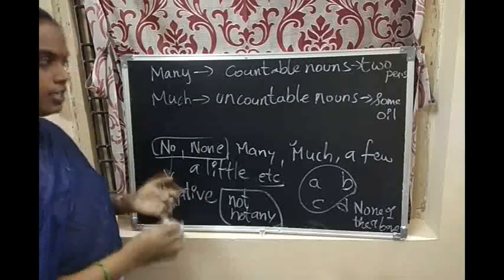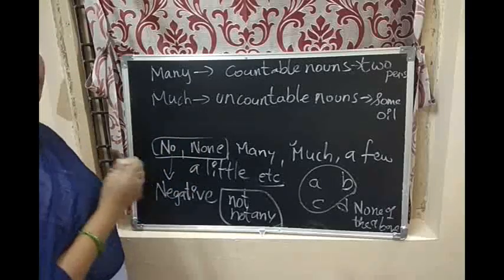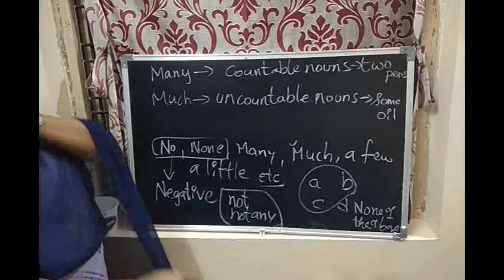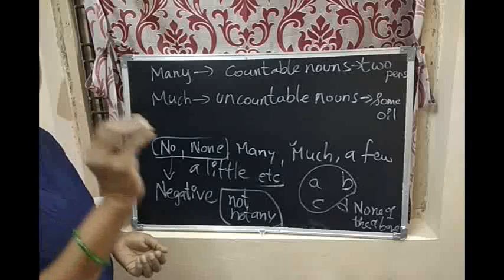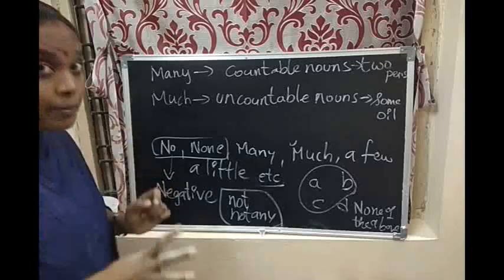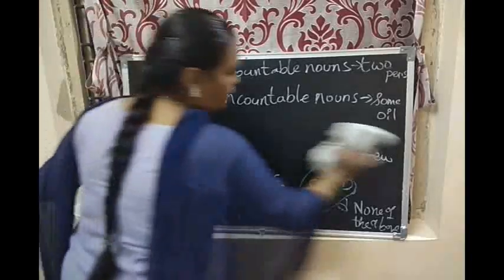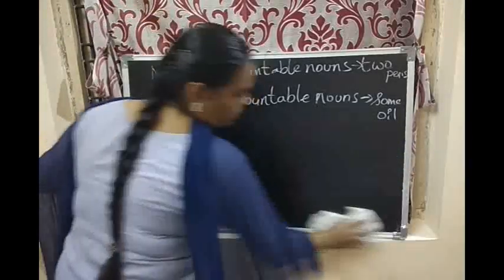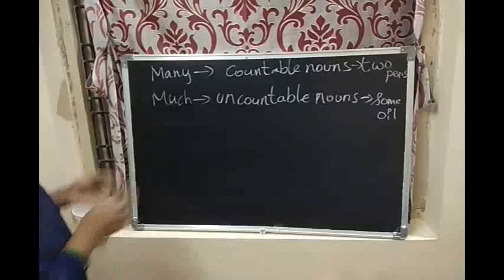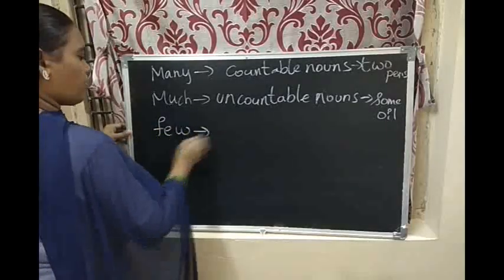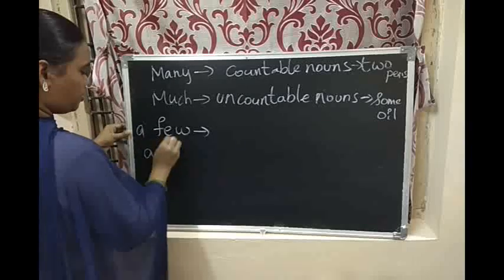Is it clear? Yeah. Now coming to few and little. A few and a little. These are saying only that they have some. We don't know that number. Here also we don't know the number. Can I give examples here? Few and a little.